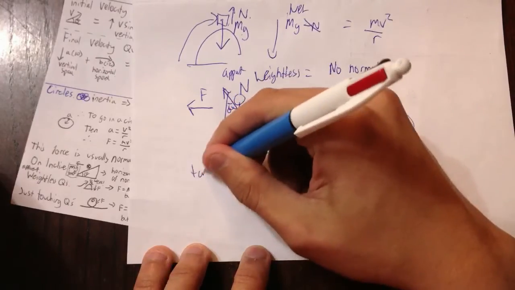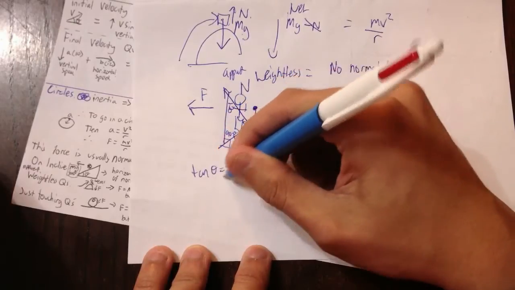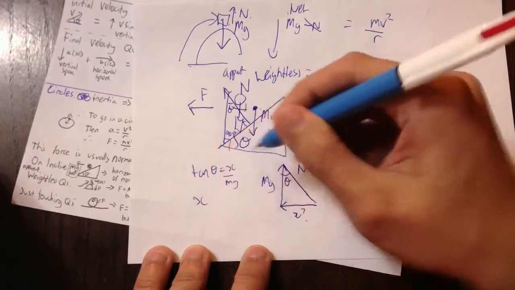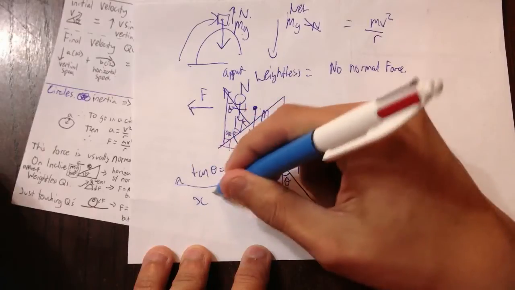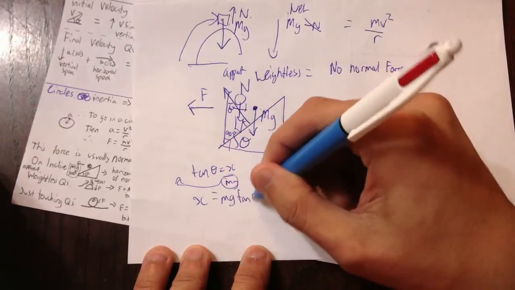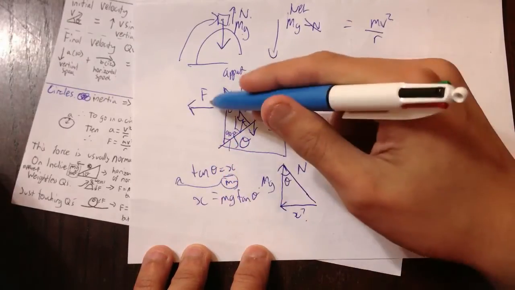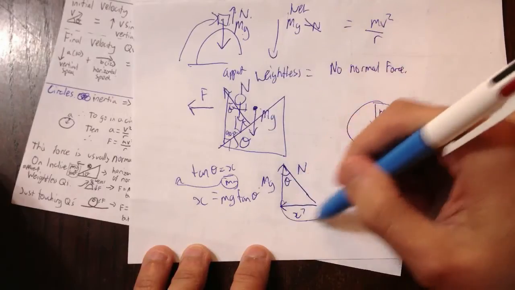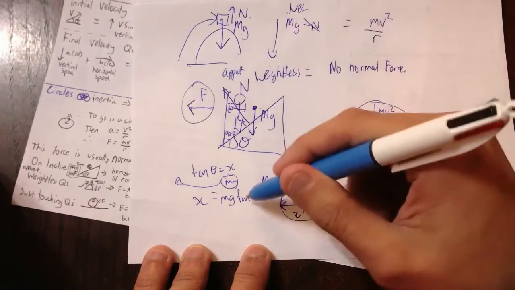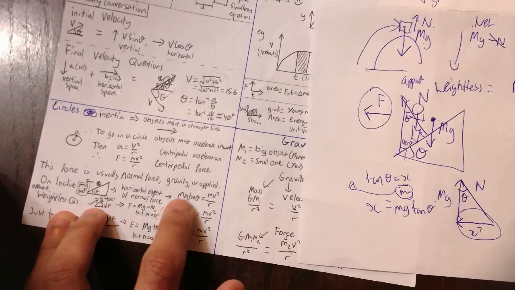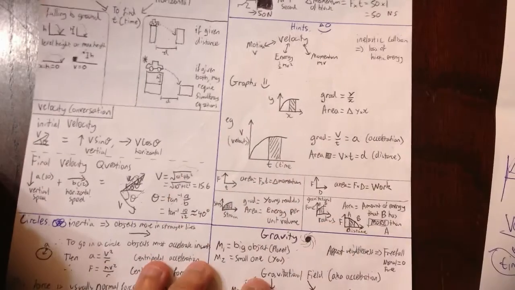Well, we know tan theta equals x on mg. Therefore x, take the mg over, equals mg tan theta. That's our inward force. Our inward force is this thing, x. Force equals mg tan theta, which then equals mv squared on r. Bossed.